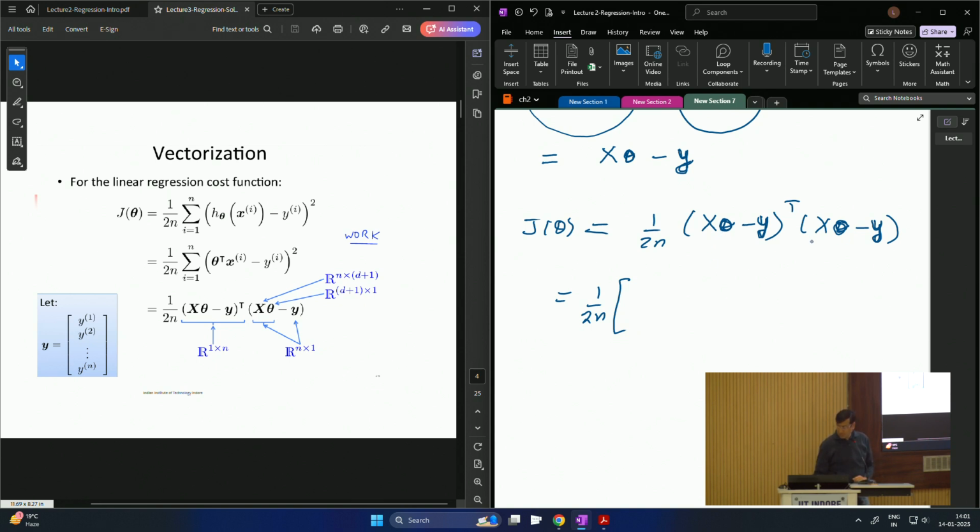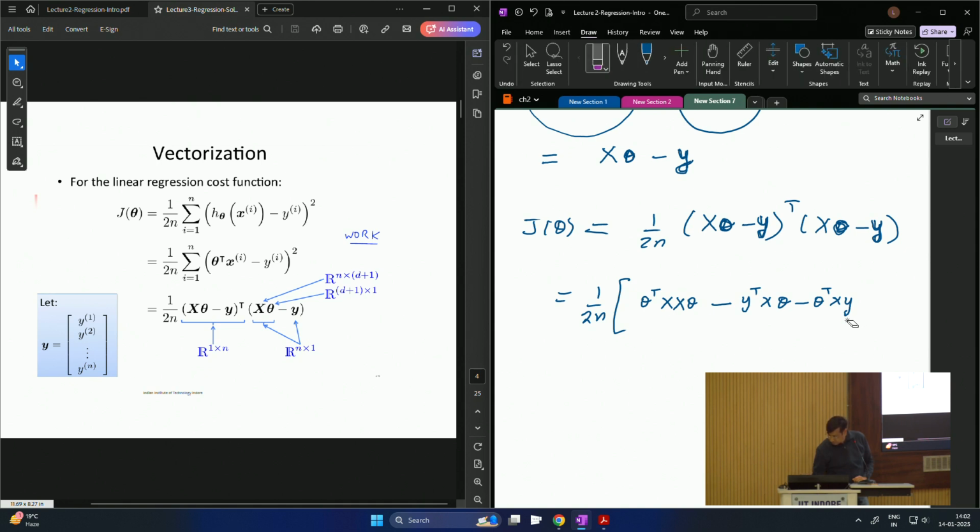So this multiplied by this would be theta transpose X transpose X theta. It's the first term. Minus, what will be the second term? Let's say I'm doing this, so this will be y transpose X theta. Minus this times this will be theta transpose X transpose y. Sorry, one second.